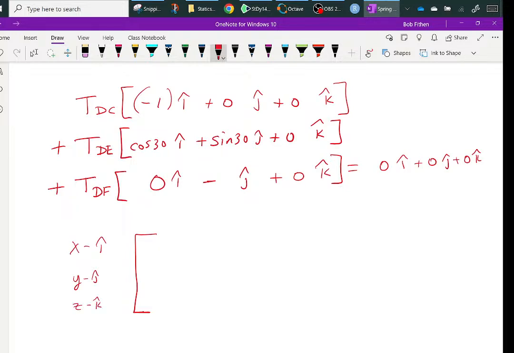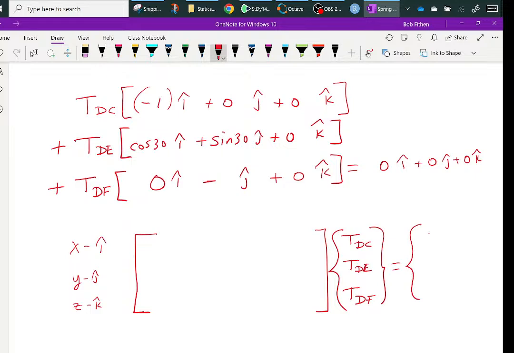I don't know any better way of doing it. And then what I'm going to do is I'm going to say T_DC, T_DE, and tension in DF. And then I'm going to take the right-hand side and say 0, 0, 0. So I took the i and put it right here, took this and put it right there. So you can see the sequence there.